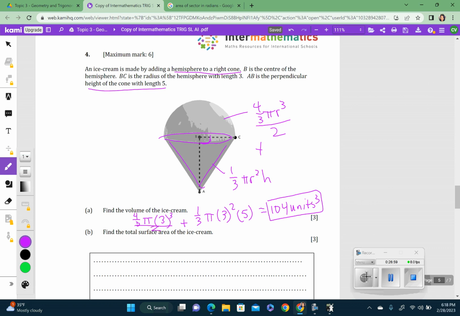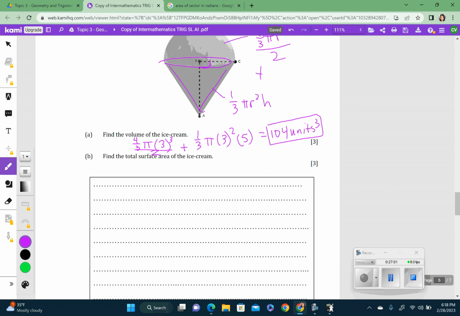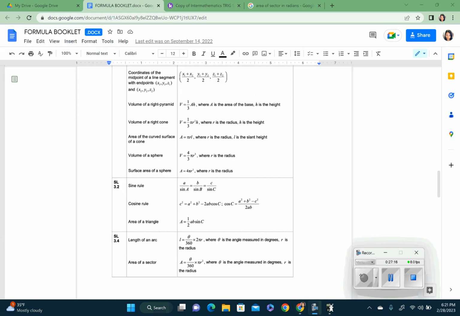All right. So now for part B, it says find the total surface area. So we're looking for the surface area of a cone as well as a hemisphere. I have the formula booklet up. The surface area of a sphere is 4 pi r squared.